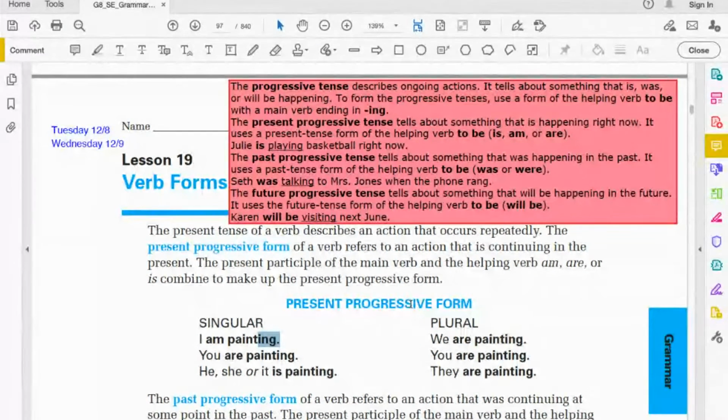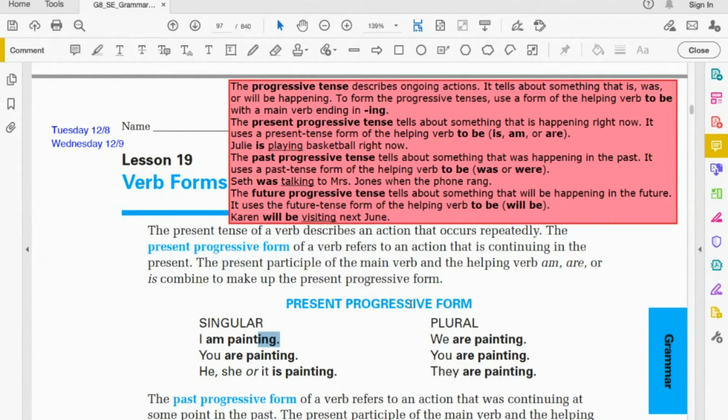All three progressive forms are formed the same way, by taking the base verb and adding ing. So whether it's present, past, or future progressive, the verb will always be like painting or jumping or running. The only difference will be the helping verb that comes before it.